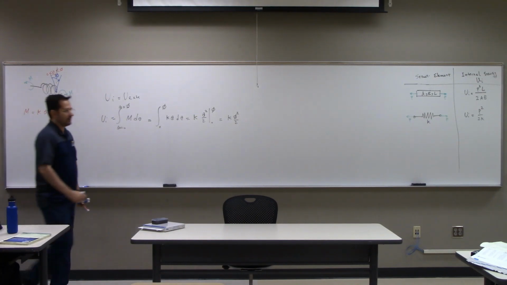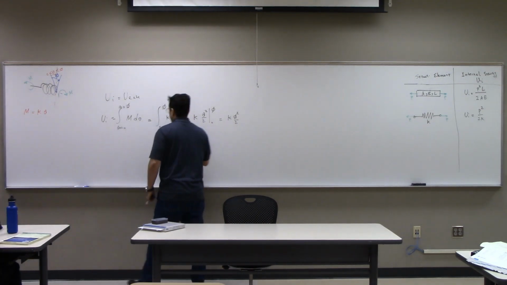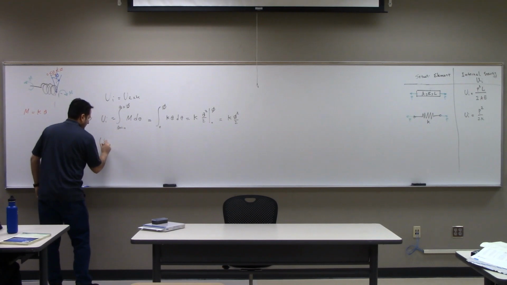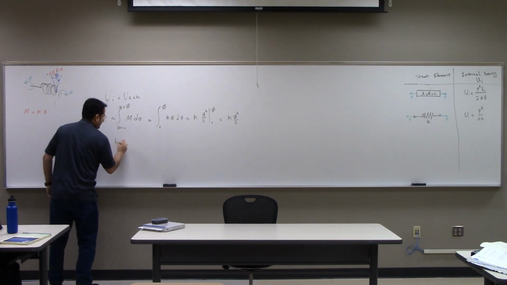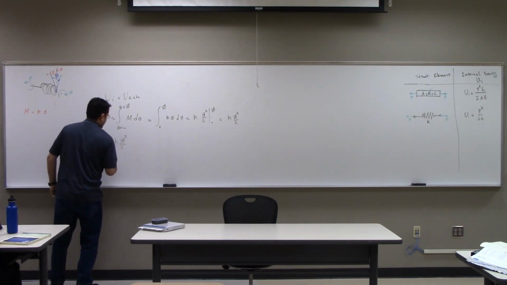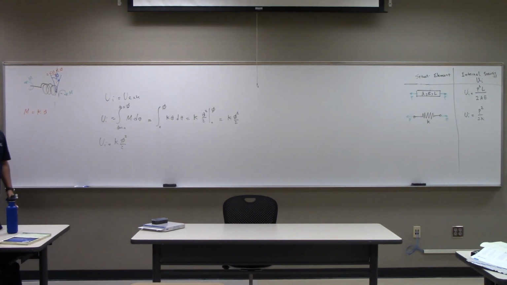So this is the expression for internal energy. So Ui, the internal energy, is equal to k phi squared over 2. So at the end, your moment is equal to k phi.